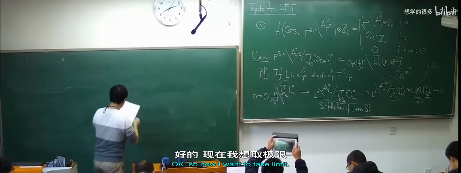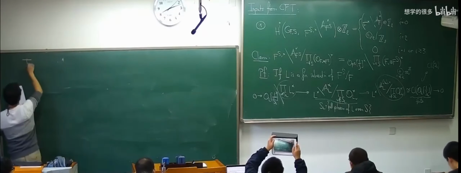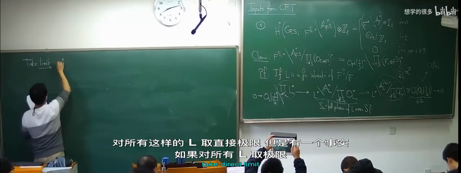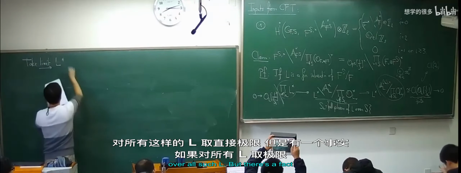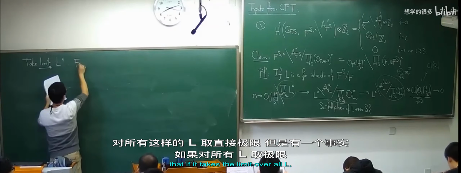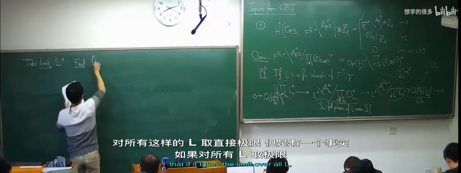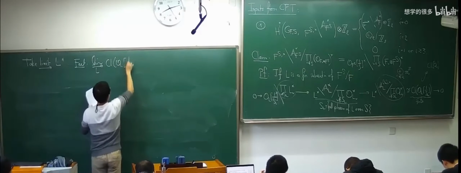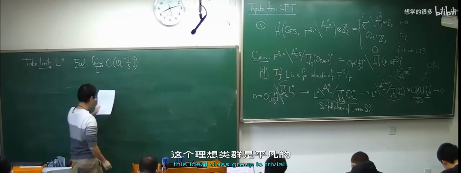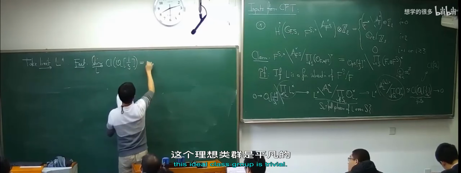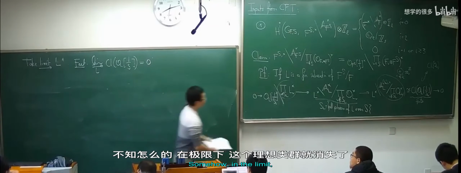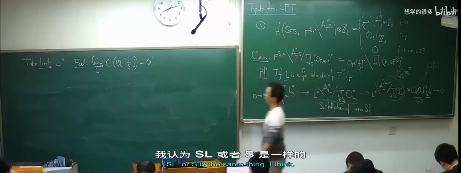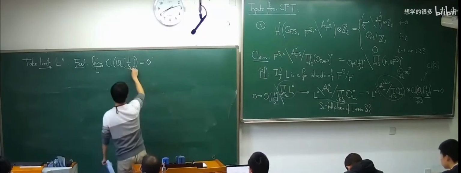Okay, so now I want to take the direct limit over all such L. But there's a fact that if you take the limit over all L, this ideal class group is trivial. Somehow in the limit, this ideal class group will die. SL, or S, same thing, I think.